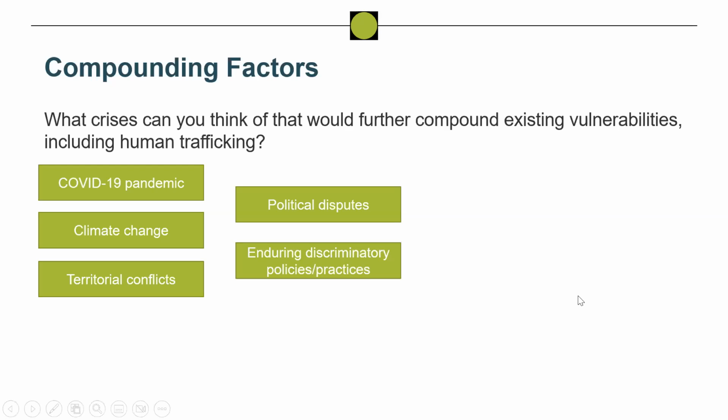You may find that some practices or some policies are bringing inequalities among children, among the old, among the youth. And this can increase vulnerabilities of certain groups that become a target for human trafficking. I'm sure we can think about many other compounding factors, but for the sake of running through in today's session, let's continue. Next.